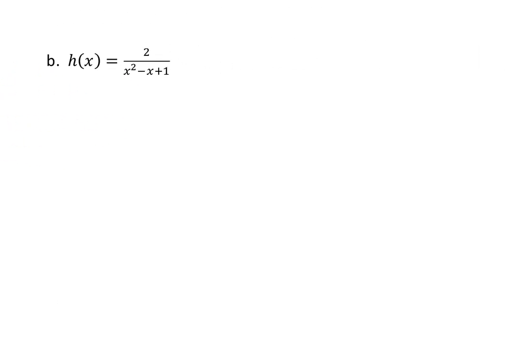All right, let's look at a couple other examples. If we come to example B, we have h of x equals 2 over (x squared minus x plus 1). I'm only going to do one of them on here. When I look at this, the first thing I see is, let's let the denominator be one of our functions. So g of x is equal to x squared minus x plus 1.